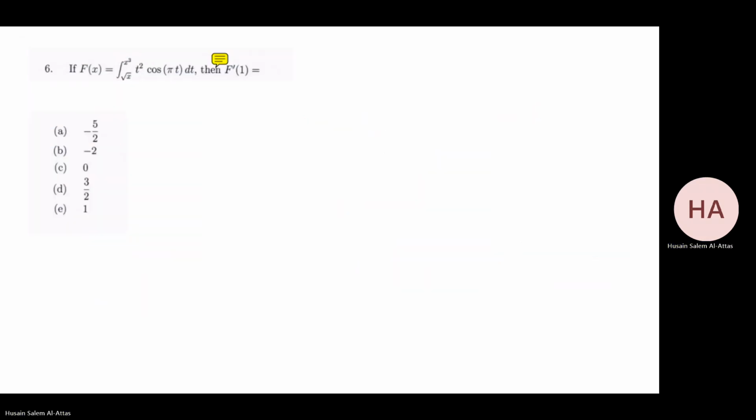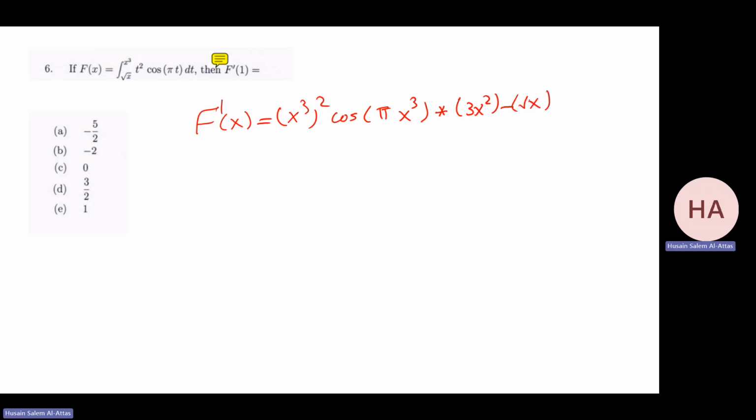Okay. What is capital F prime at x? It will be x cubed squared cosine of pi over x cubed, times the derivative of x cubed, which is 3x squared, minus the square root of x squared cosine of pi over the square root of x, times the derivative of the square root of x, which is 1 over 2 square root of x. You want capital F prime at 1.